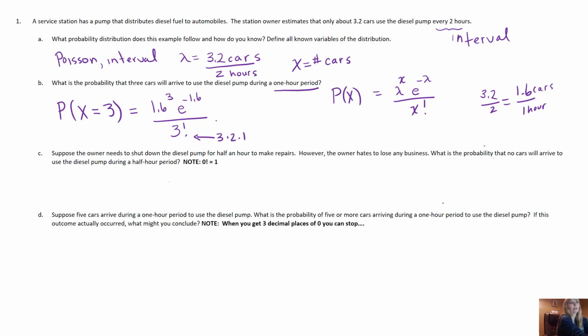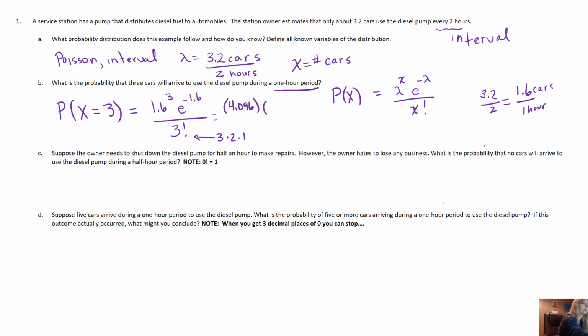Now remember, this means 3 times 2 times 1, the factorial. So if you throw all that in your calculator, 1.6 raised to the 3rd power, I get 4.096. And then I take e, and I can never find e, there's e, and I raise it to the negative 1.6 power.